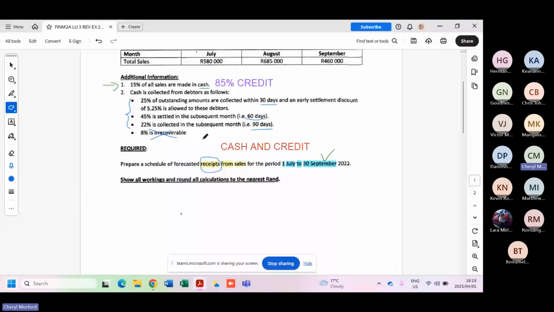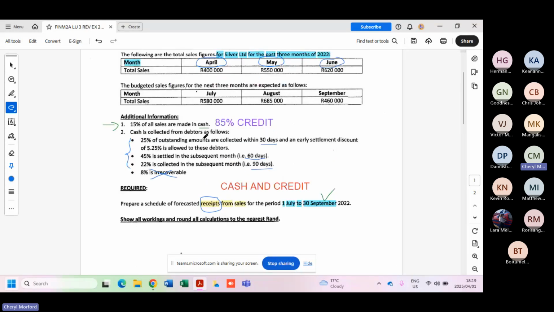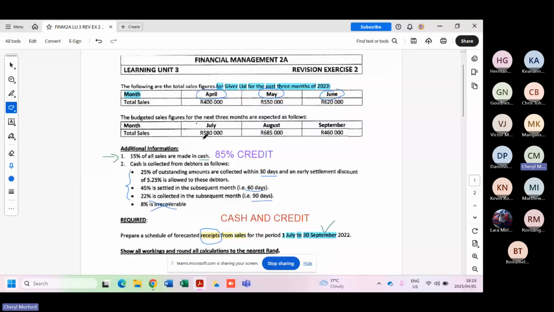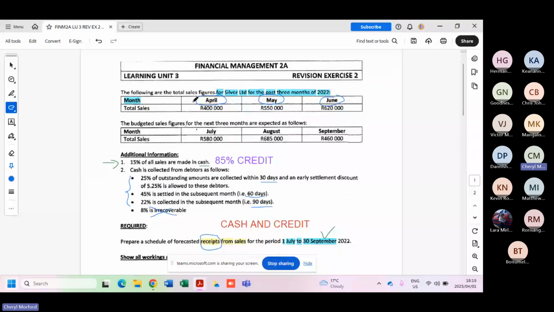Based on the delayed payment of the debtors, we obviously need to go back to before July, because in July we will still be collecting money from credit sales that were made several months ago. My advice to you is to start with the oldest month, which in this case is April.